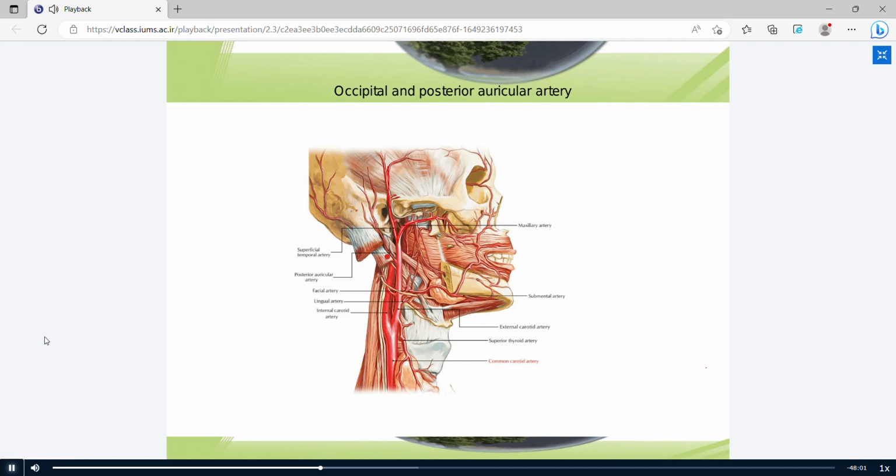This is the posterior auricular artery arising from the external carotid above, or superior to, the posterior belly of the digastric muscle. This is the posterior belly of the digastric muscle. But the occipital artery arises from the external carotid inferior to the posterior belly of the digastric. This muscle is a landmark for separating the posterior auricular and occipital arteries. It's very important.